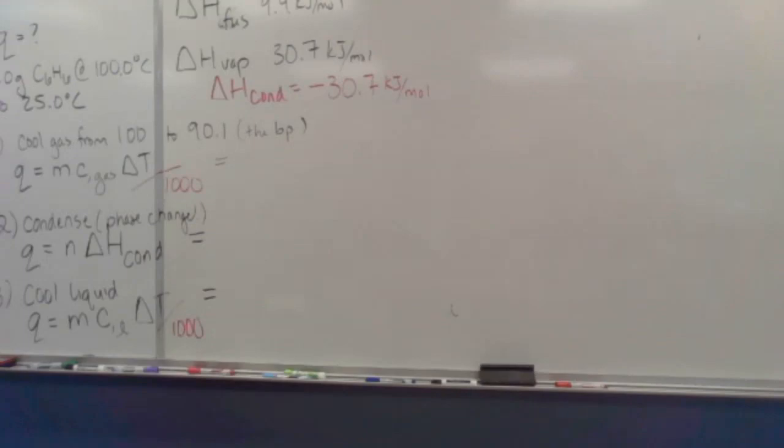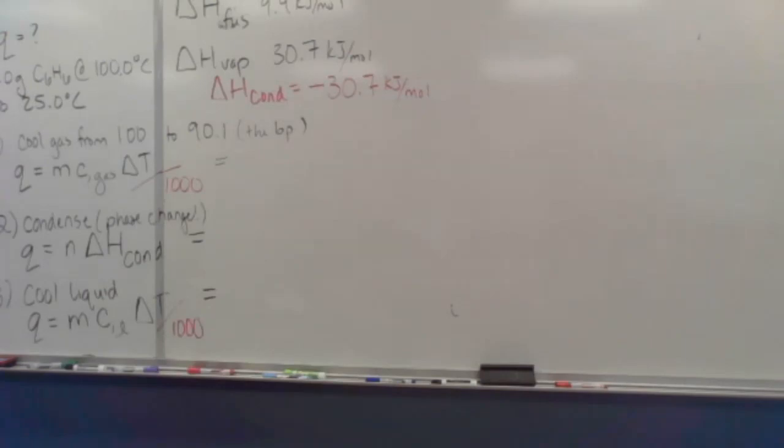You need moles for step 2, where you're using the nΔH equation. Okay, but so if it's 90 grams times the specific heat while it's in the gas phase. If you're starting with it at 100, it's a gas. So that's that number. Gas phase. You see them? Okay. You good?